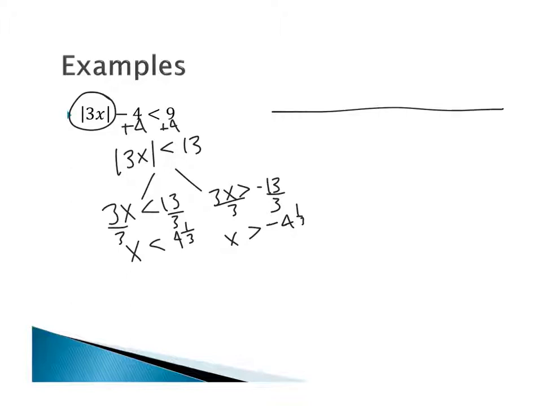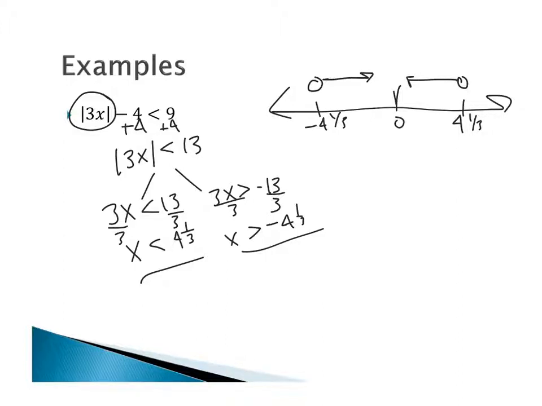Cool, so on my number line, put 0 in the middle, and then I'm going to go with 4 1/3, and then negative 4 1/3. These both get open circles again. And now, if I'm less than 4 1/3 and greater than negative 4 1/3, that's going to be shaded towards each other. So it's going to be all these values in between.